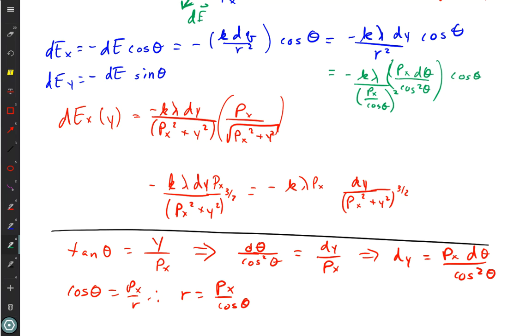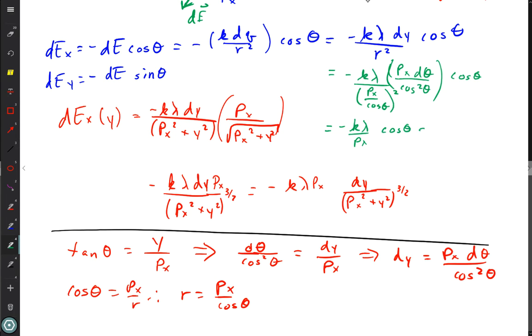That's simple. What does it come out to be? What's 1 over cosine squared divided by 1 over cosine squared? 1. Hey, let's get rid of each other. What's px divided by px squared? 1 over px. So this is simply minus k lambda over px times cosine theta d theta.